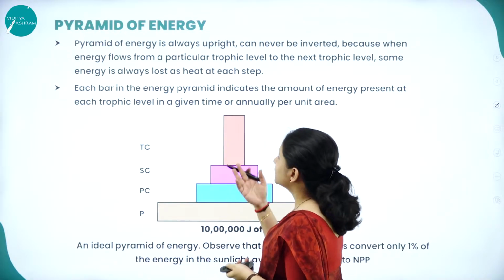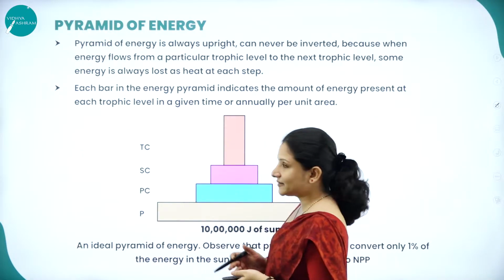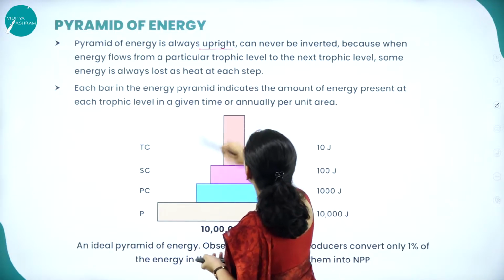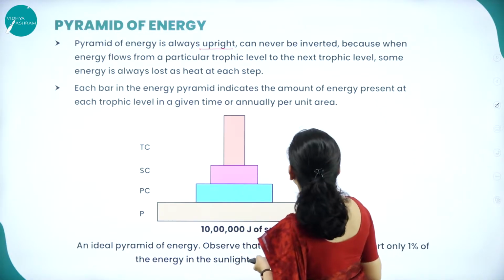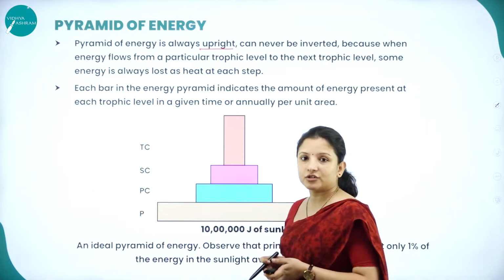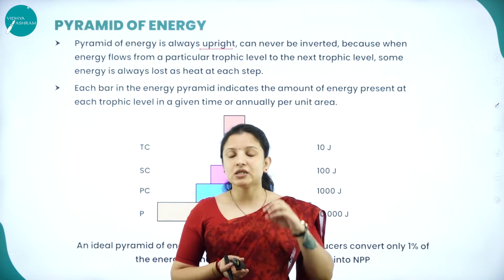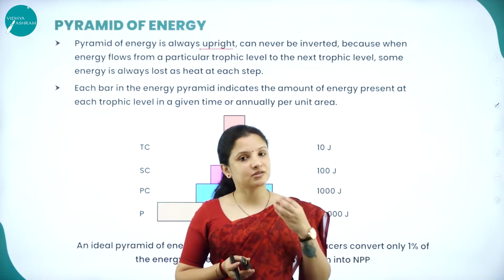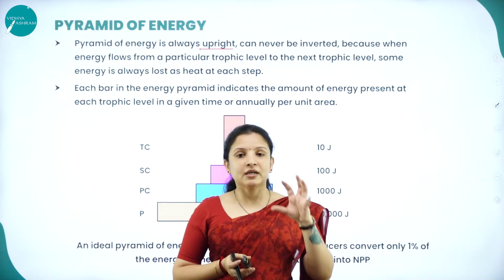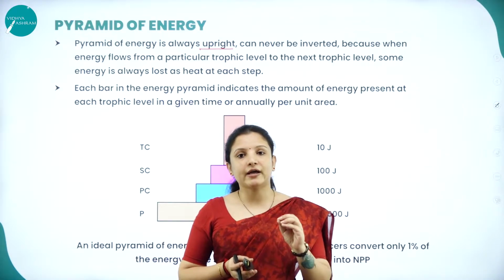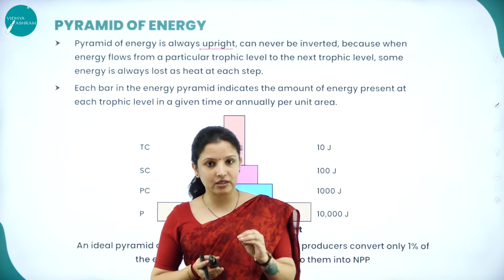So the pyramid of energy is always upright and it can never be inverted. Why? Because the energy at the lower level, be it an aquatic ecosystem or terrestrial ecosystem, the first occupying organisms will always have more energy.